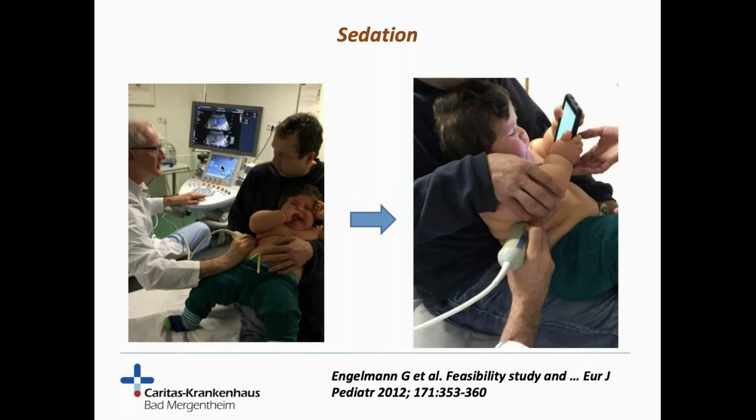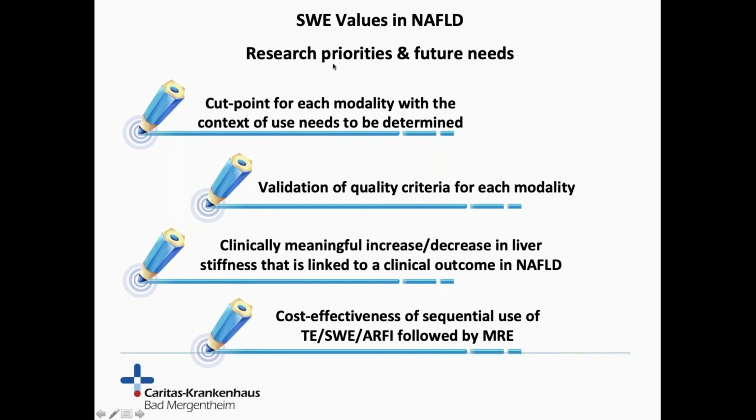So we perform a study on children to observe the amount of fat and the early recognition of the fibrotic stage. Research priorities in the future should go for the cut point for each modality, the validation of quality criteria to compare better, the clinically meaningful increase or decrease of liver stiffness, which is mostly linked to the clinical outcome in non-alcoholic fatty liver disease as shown.